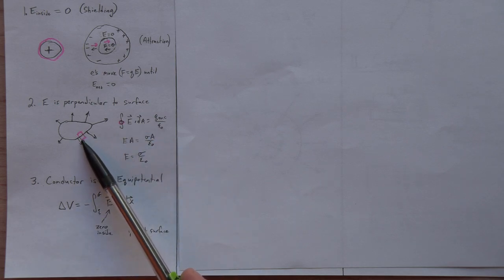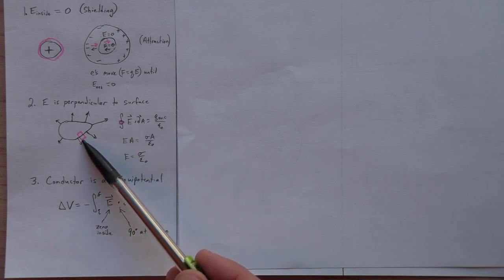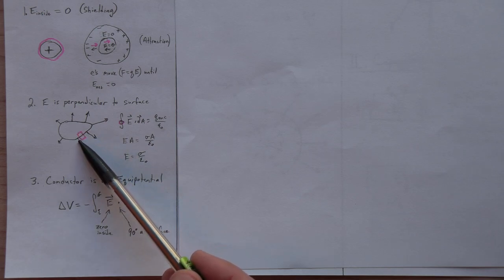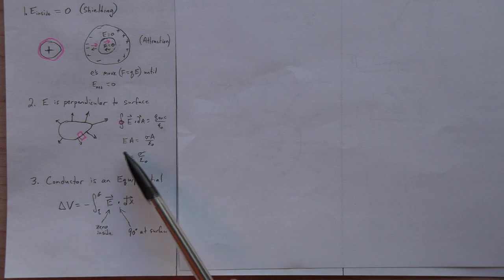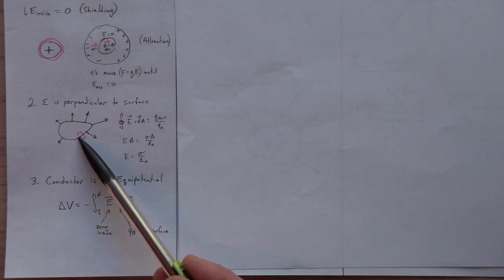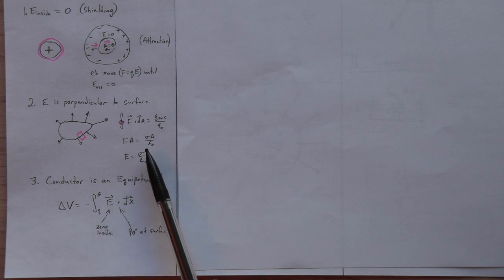You make a little Gaussian surface here, and the only flux through this Gaussian surface is here, because the electric field runs along these surfaces, so there's no flux through these two surfaces, and there's no electric field in here, so there's flux only through this surface: E times area right there, and that's going to equal Q enclosed, the sigma times area enclosed in our Gaussian surface, over epsilon 0. So the electric field right at the surface of a conductor is always E equals sigma over epsilon 0.